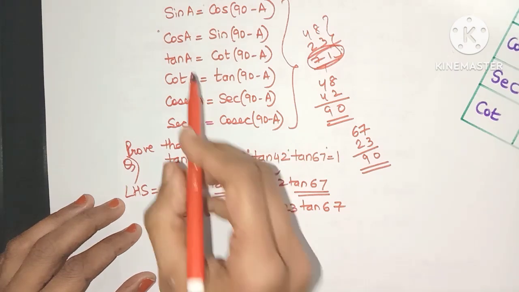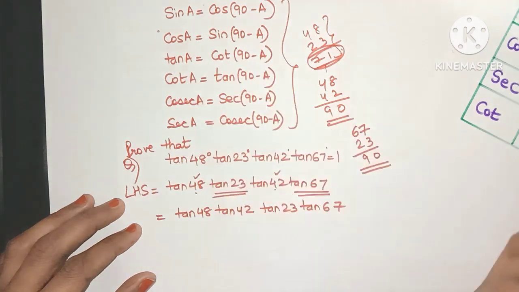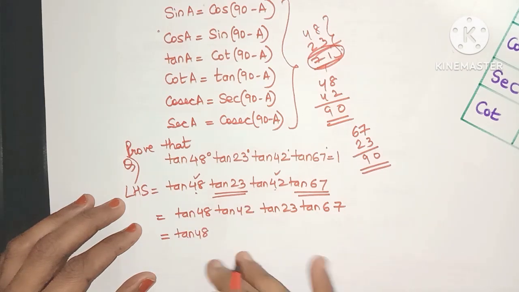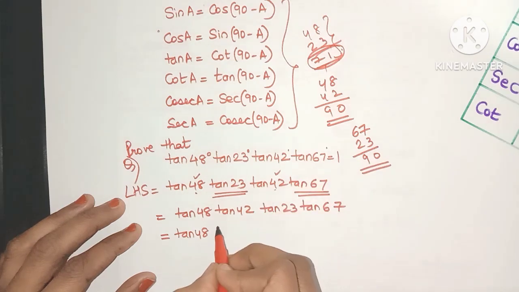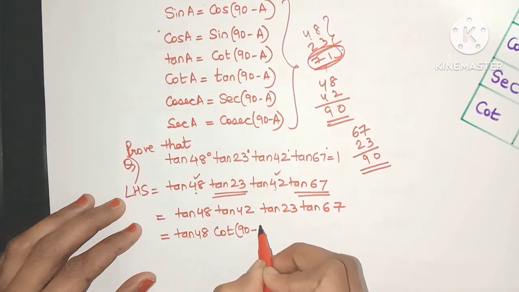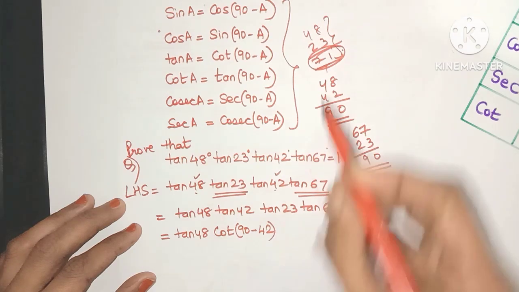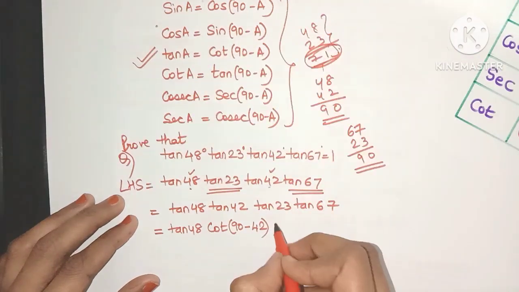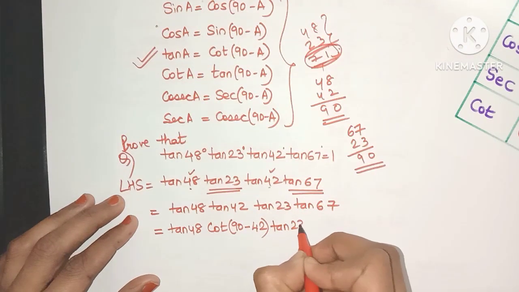If you see, tan A is cot of 90 minus A. So can I write, okay, I will just keep 48 as it is. Can I write tan 42 as cot of 90 minus 42? Yes, see which formula I am applying? Over here, this formula I am applying. Similarly, tan 23, let me keep it as it is.